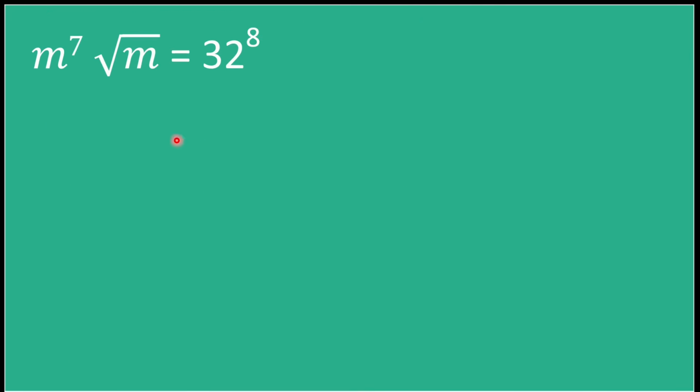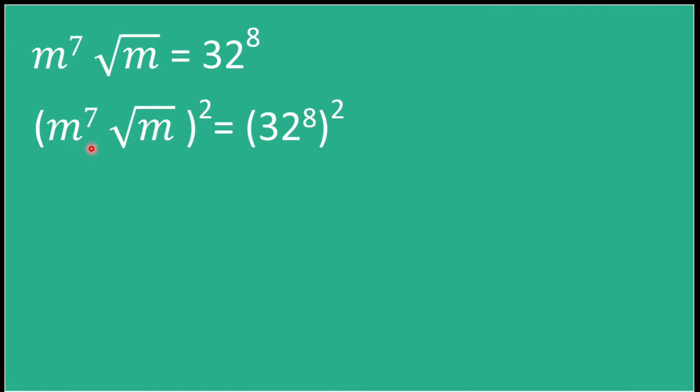And now again we have this square root, and we have to eliminate this square root. So again we will take square on both sides. After taking square on both sides, now this m power 7 will become m power 14, and this square root will be cancelled with this square.